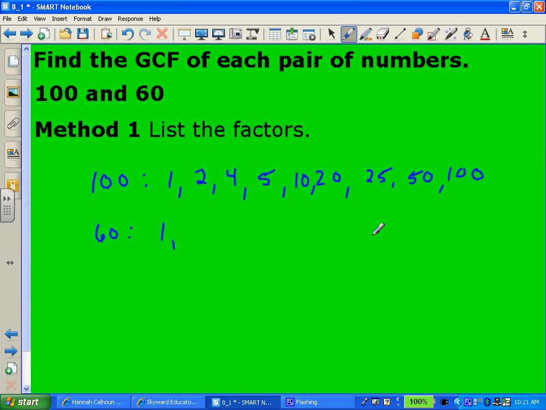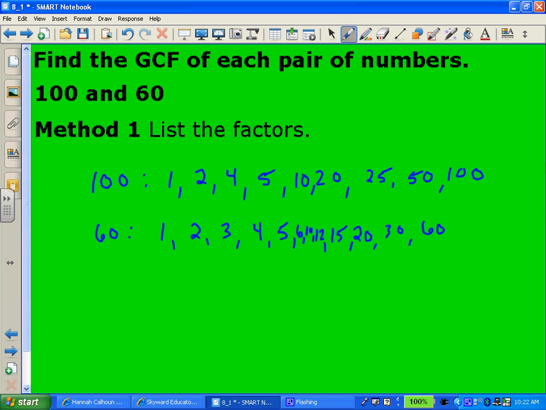And then for 60, let's see, I'd have 1 and 60, 2 and 30, 3 and 20, let's see, 4 and 15, 5 and 12, I'm running out of room here, 6 and 10.